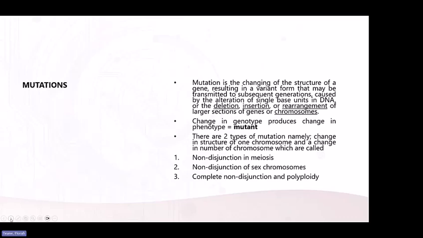Let's talk about meiosis, and we refer to these changes as mutations. So a mutation is the changing of the structure of a gene, resulting in a variant form that may be transmitted to subsequent generations.